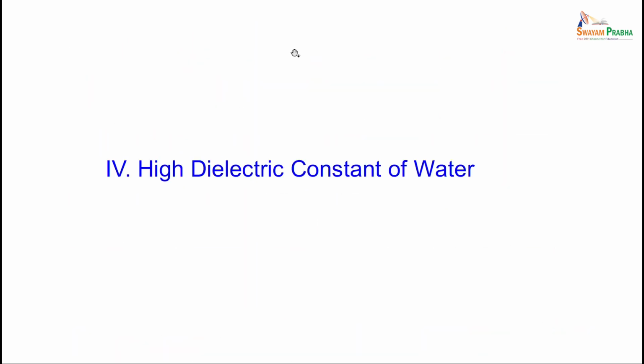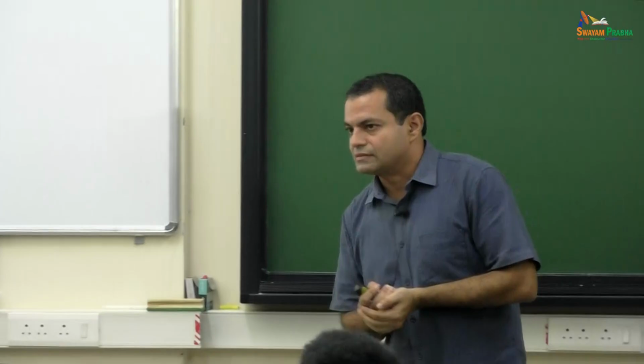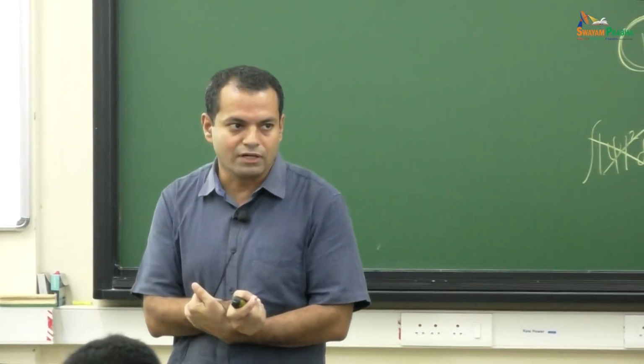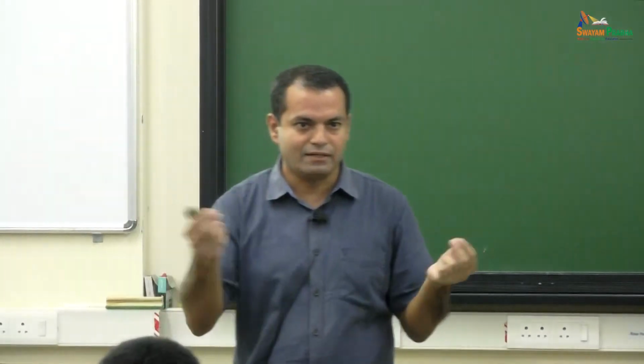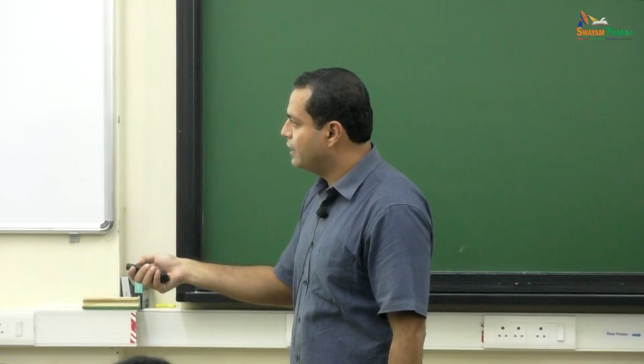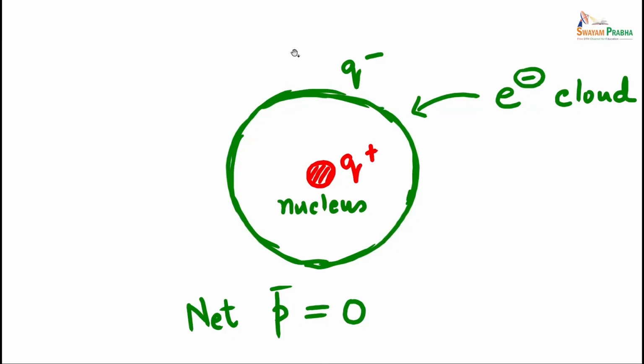Then I come next to the high dielectric constant of water. I am sure all of you, because you are from 11th and 12th standard, would have heard about the dipole, separated positive and negative charge, and there is a dipole moment which is given by Q into the separation D. If you take, say, a hydrogen atom, it does not have any dipole moment.